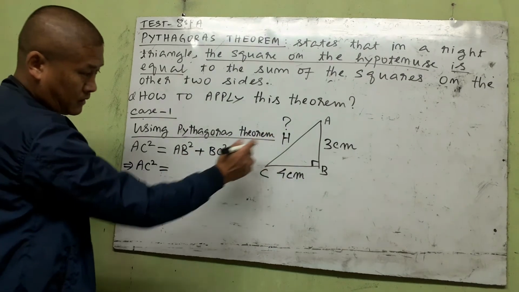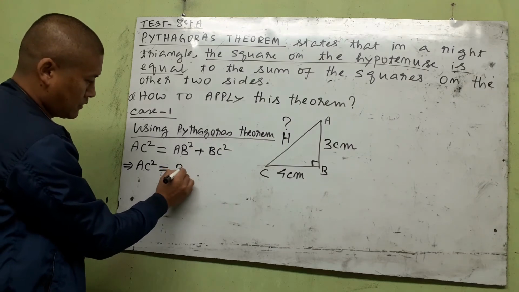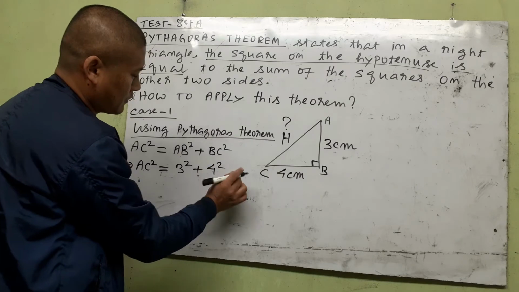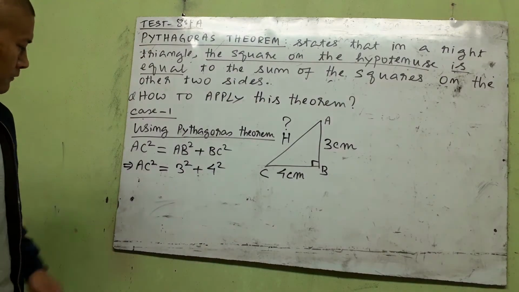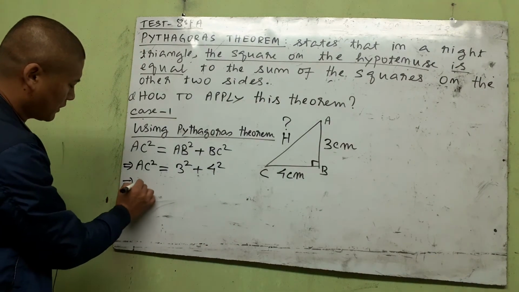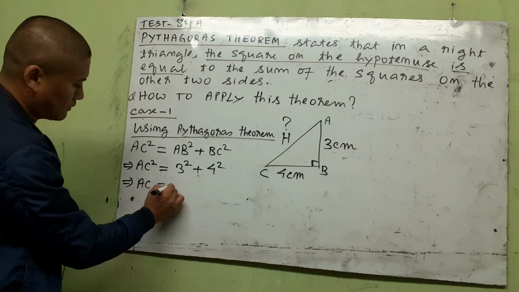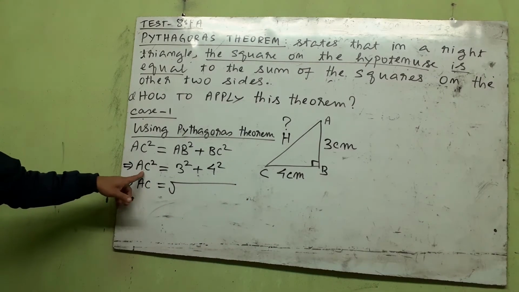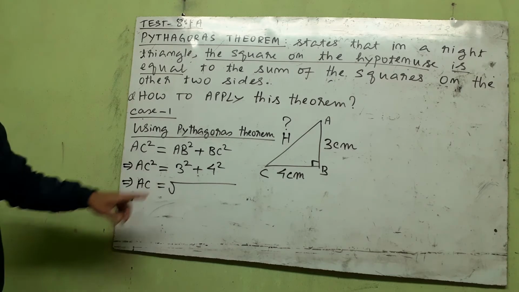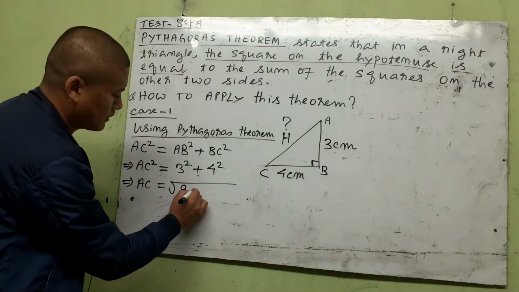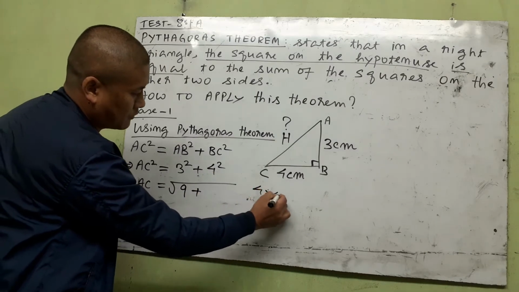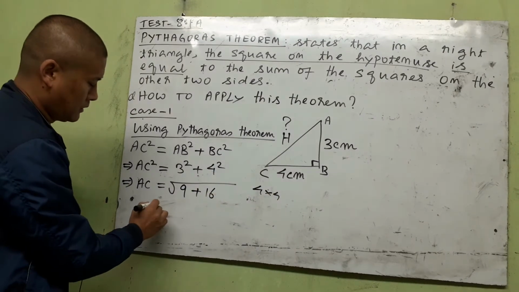Then that implies, in the example we are solving, you can write along with it. AB is in the figure 3 centimeter square, so 3 square plus BC 4 square, right? So now if you remove this square from here, AC, then we know root will come on the right side. So 3 square is 3 3s are 9 plus 4 square, 4 4s are 16.